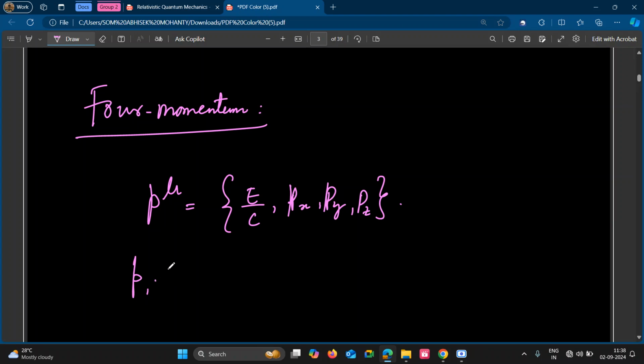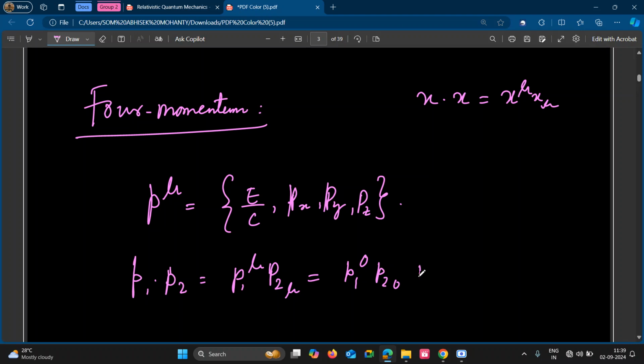So P1 dot P2, if I write it, will be P1 mu P2 mu, like the way we wrote x dot x. This will be P1 0 P2 0 plus P1 1 P2 1 plus P1 2 P2 2 plus P1 3 P2 3.